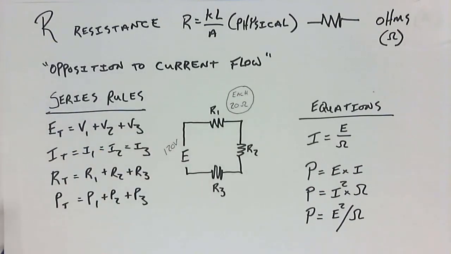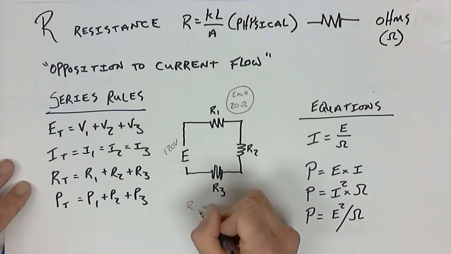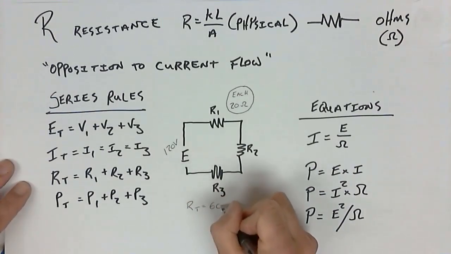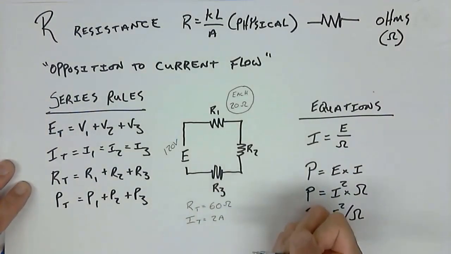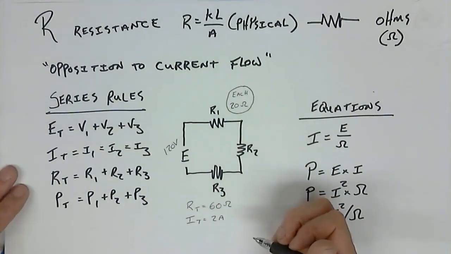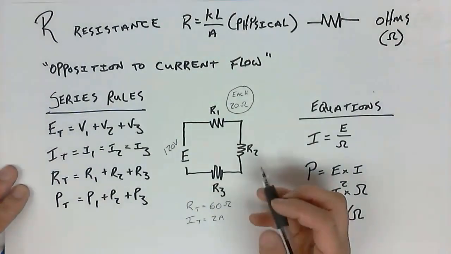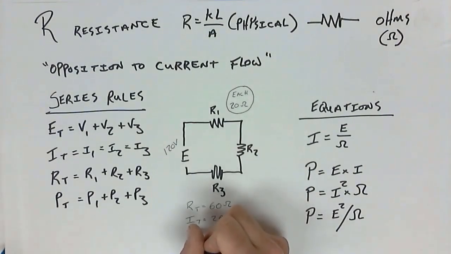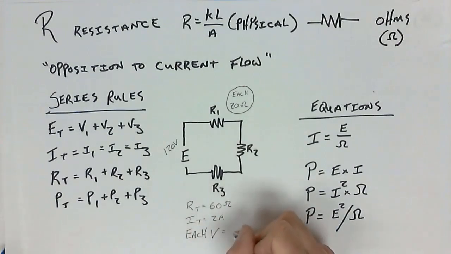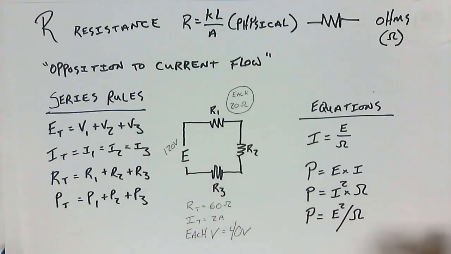So very quickly, we would have an R total of 60 ohms and an I total of 2 amps. And if we wanted to calculate the voltage across each one of these resistances, because they were equal, all we'd be doing is taking the source voltage and dividing it by 3. So each V is equal to 40 volts. Now, what about the amount of power?